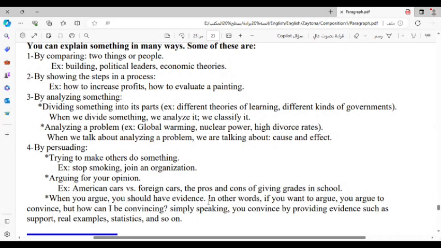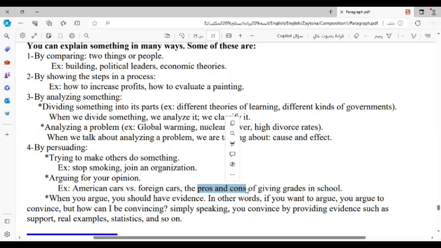Okay, the pros and cons of giving grades in school. What's the meaning of pros and cons? It means like advantages and disadvantages. Okay, they are synonyms. When I say pros and cons, it means advantages and disadvantages.